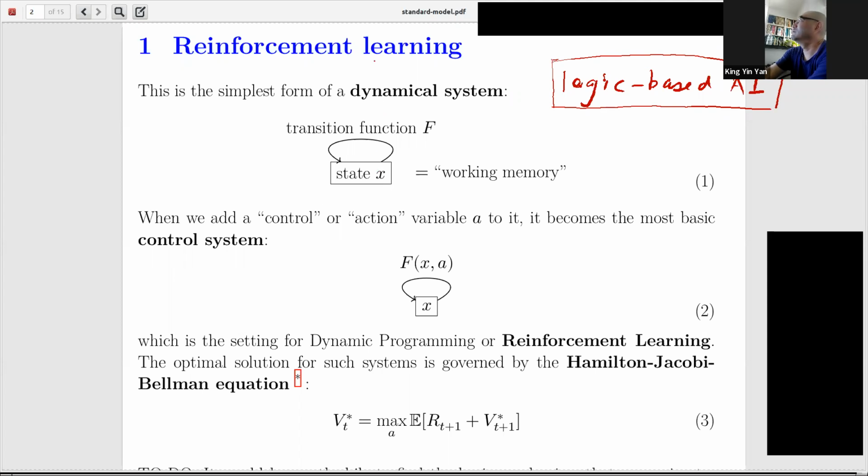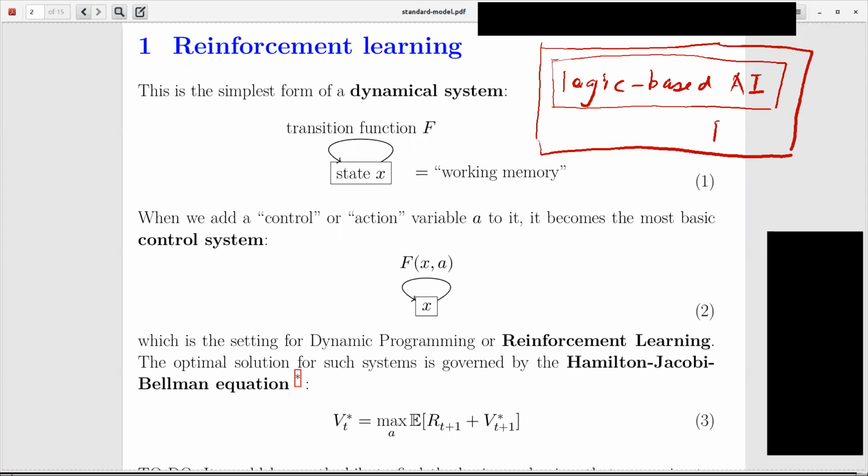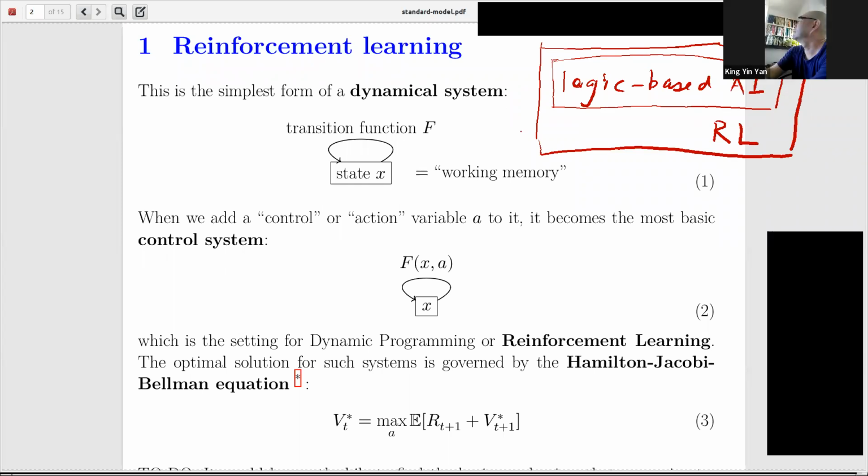Reinforcement learning is the top-level framework for AI, so we try to put all this under the framework of reinforcement learning. So reinforcement learning is a framework for logic-based AI, you mean? Yeah. So the state is described by some logic formulas, and we need to understand it this way: the state is actually some logical structure.